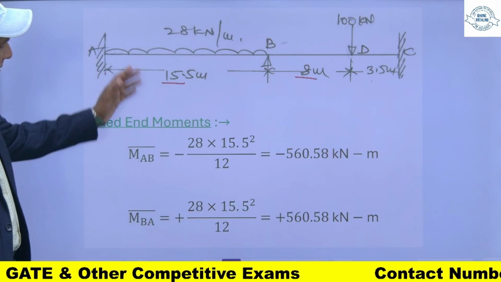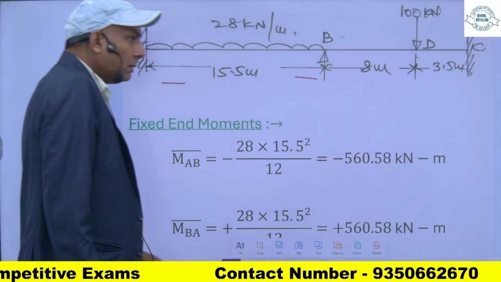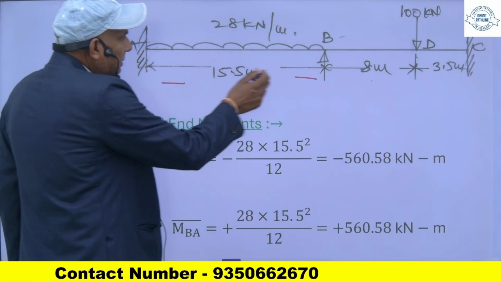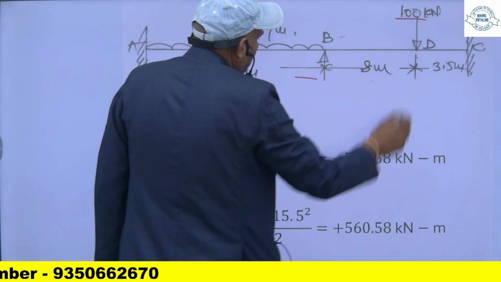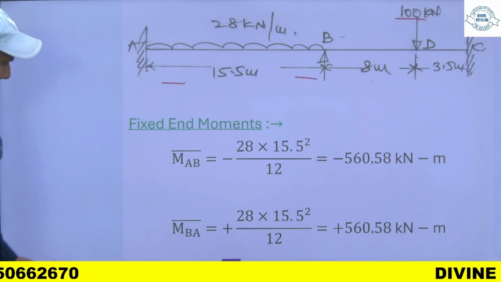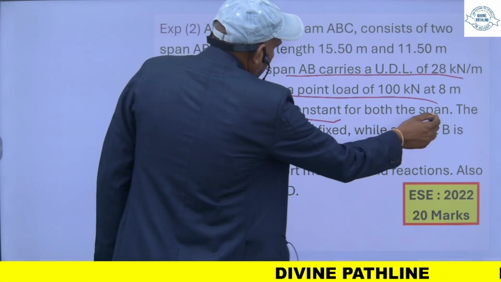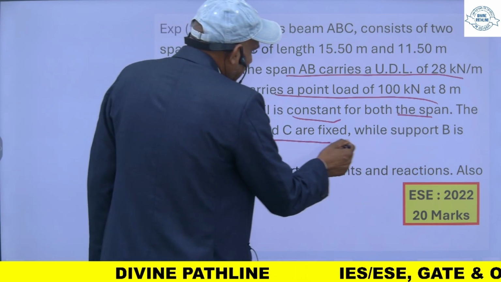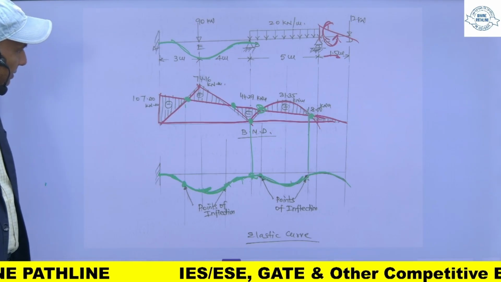So this is the UDL of 28 kN per meter, and there is a point load of 100 kN, which is 8 meter from this support. EI is constant for both the spans. The end supports A and C are fixed.